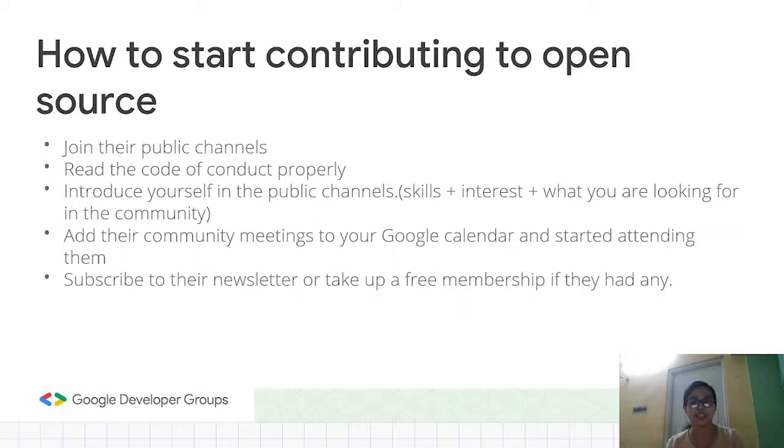So when you say that you have a skill set in web development and you're really passionate about making responsive websites, then if there is an issue where certain changes need to be made to increase the responsiveness or to decrease the loading time of the website, the maintainers or the members will point you to the issue, and in this way you can get started with contributing.